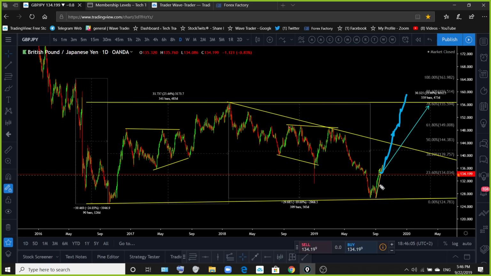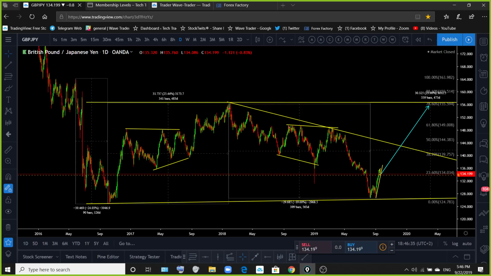But if you're going to sell any yen pair, make sure you understand that there is still uncertainty in the market. If that uncertainty gets worse, the yen still can get strong. We still can see one more drop back to the bottom. So this move is still possible. You cannot ignore that move on the yen pair.